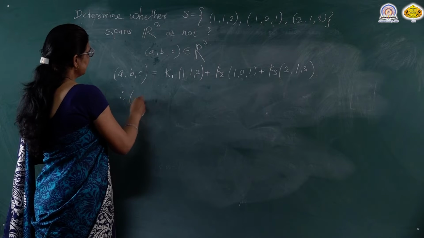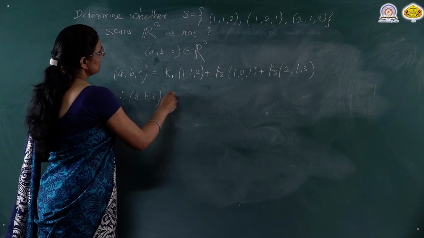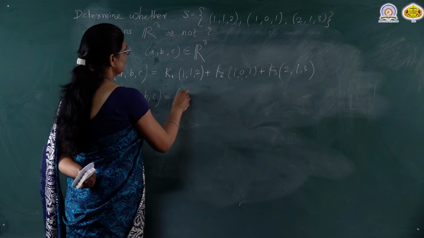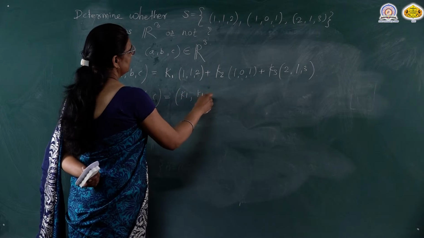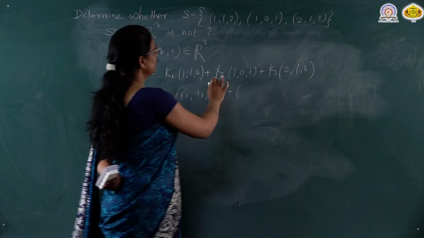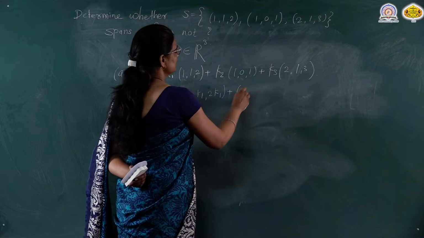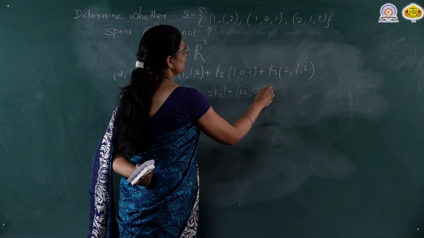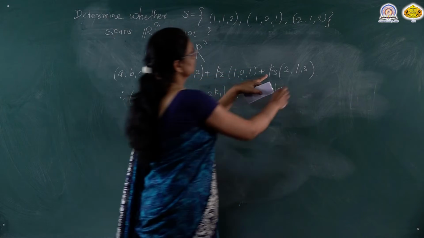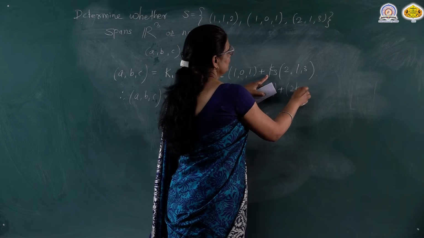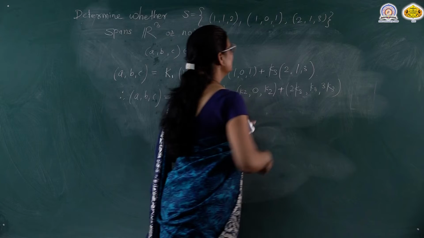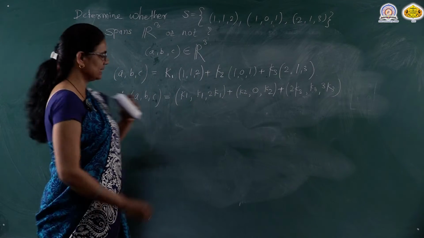So keep the left hand side as it is, (A, B, C), and multiply the first vector by K1, giving K1, K1, 2K1, plus K2 times the second vector, giving K2, 0, K2, and similarly do the last term: 2 times K3, K3, 3 times K3. Now add all these 3 vectors simultaneously.